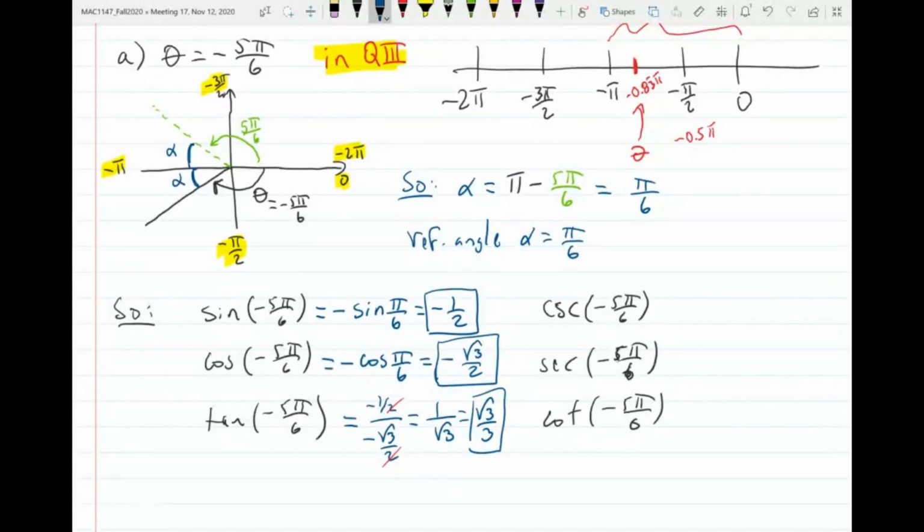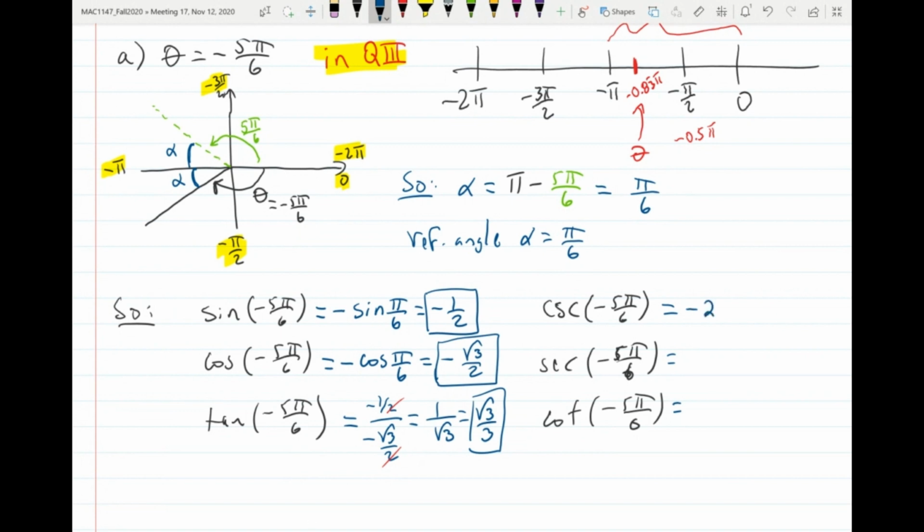Okay, and now to get the other 3, what do we do? Instead of using this reference angle business, remember, what do we know about cosecant, secant, and cotangent? They are the reciprocal of sine, cosine, and tangent, respectively, right? So you already have the first 3 values. All you have to do is flip them. Cosecant is 1 over sine, so if sine is negative 1/2, then cosecant is going to be negative 2.